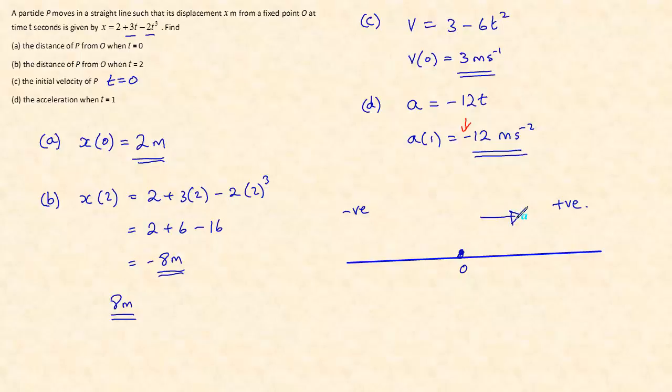If it's moving this way, the velocity is positive, and if it's moving this way, the velocity is negative.